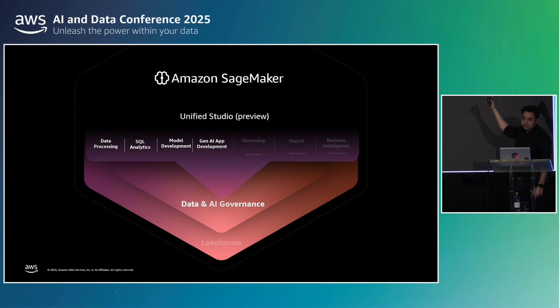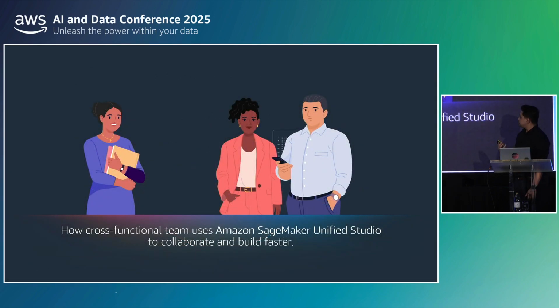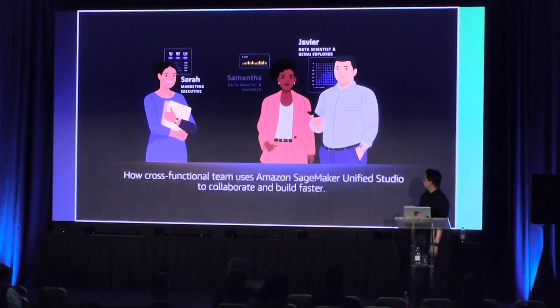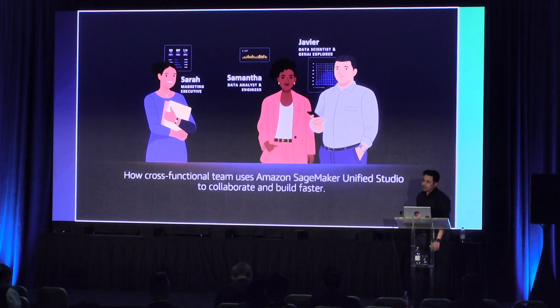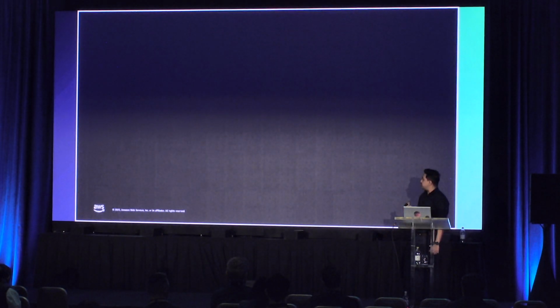What's coming? Streaming, search, business intelligence. So we will have QuickSight dashboards embedded within the same experience. You can create QuickSight dashboards for business intelligence. You will have streaming experience, et cetera. And this defines how cross-functional roles can work on data projects to deliver right outcomes for your company.